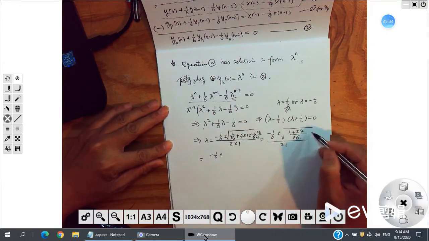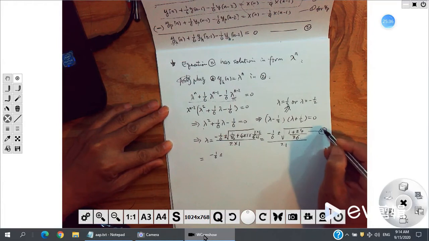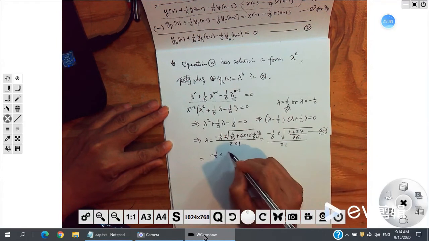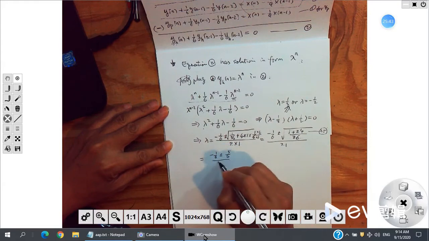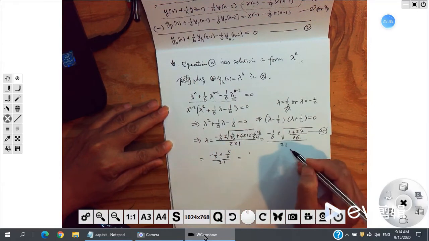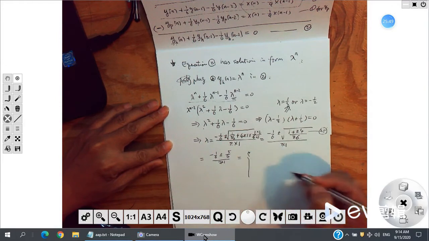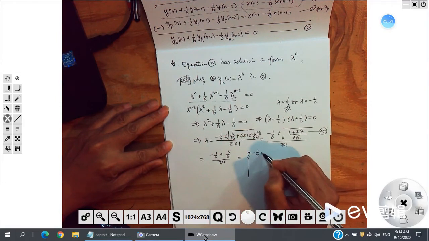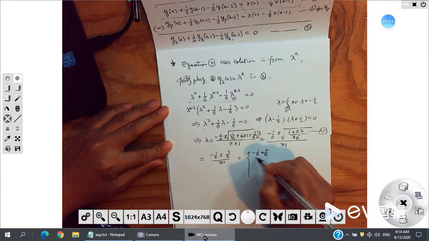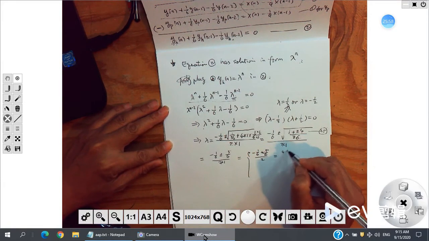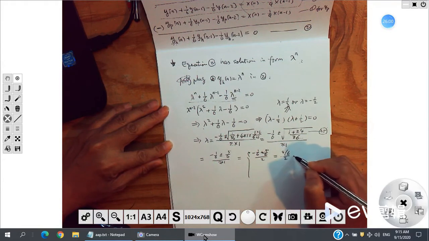You see, this is 25, right? 25 is 5 squared, and 36 is 6 squared. So this is 5/6, over 2 times 1. Then we have two cases. Negative 1/6 plus 5/6 over 2, which is 4/6 over 2, right?